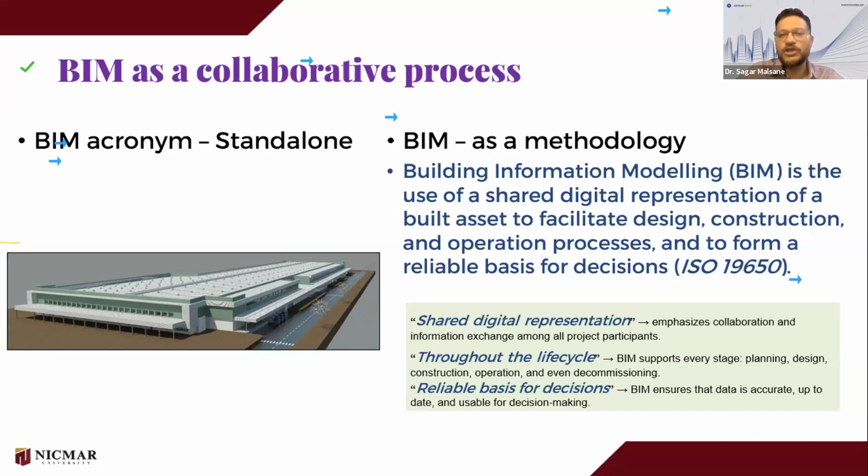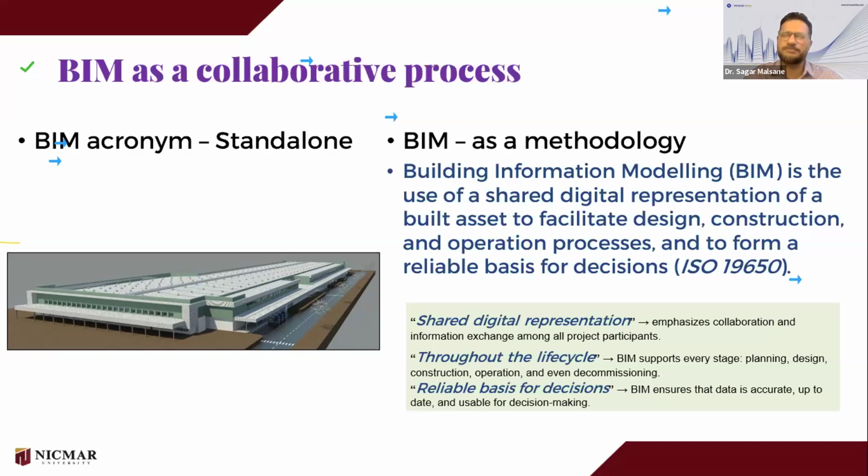And then, because we are talking about having a BIM-based data repository, that means the project information is on a common platform, accessible to all project participants, a digital representation of the built asset. That means it becomes a basis for decision. BIM ensures that data is accurate, up to date, and usable for decision making.